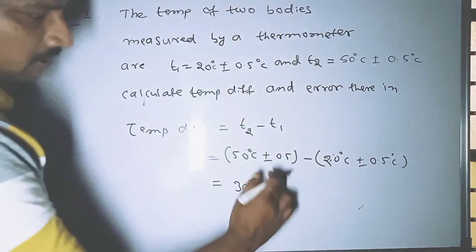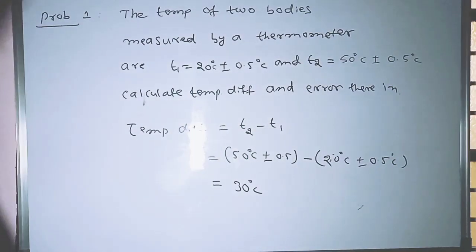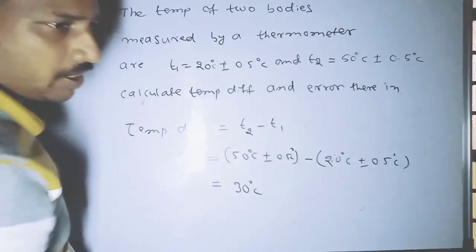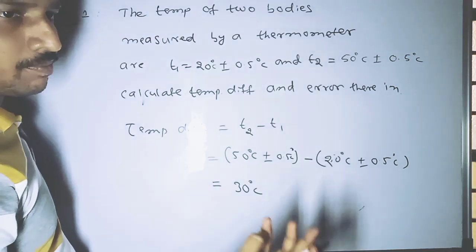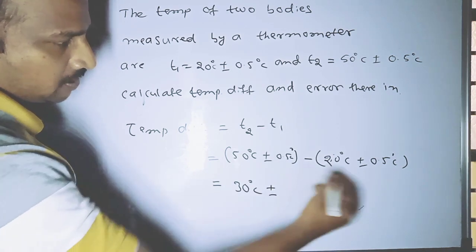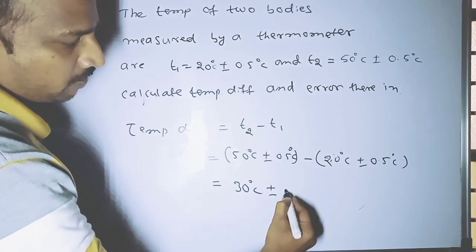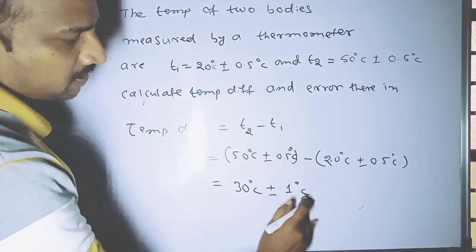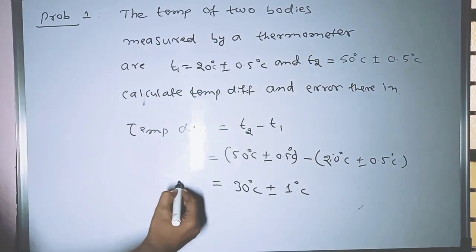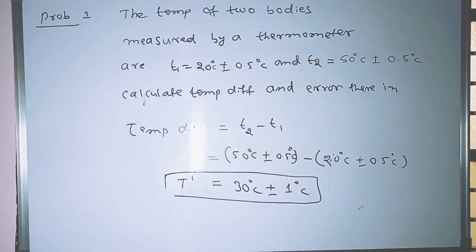And the error. The errors are 0.5 and 0.5, two absolute errors. So if there are two absolute errors, what should we do? Whether it is plus or minus, in absolute errors we always add. So, therefore, plus or minus 0.5 plus 0.5, that is 1 degree centigrade. This is the error. The total temperature difference is 30 degrees centigrade plus or minus 1 degree centigrade.